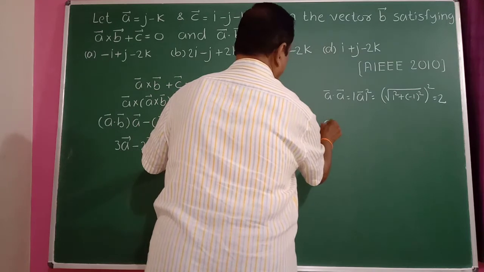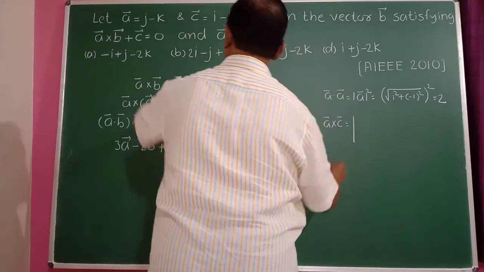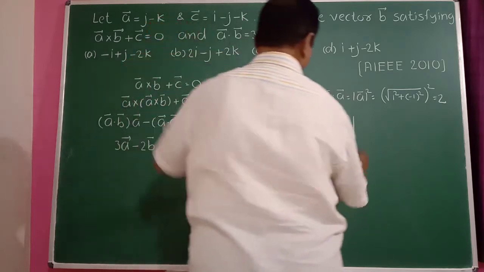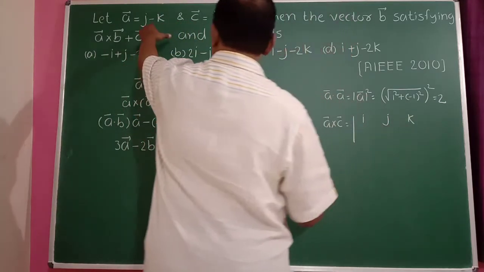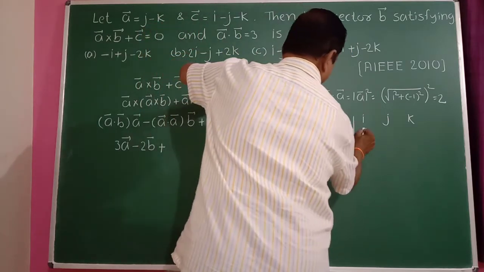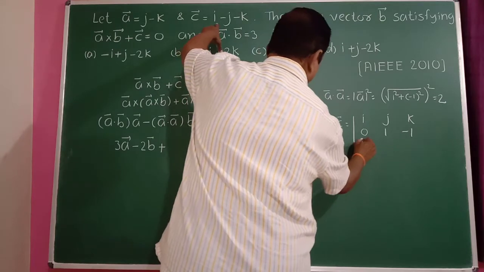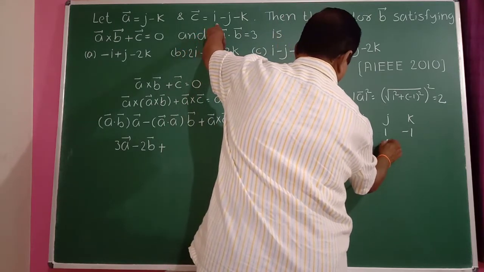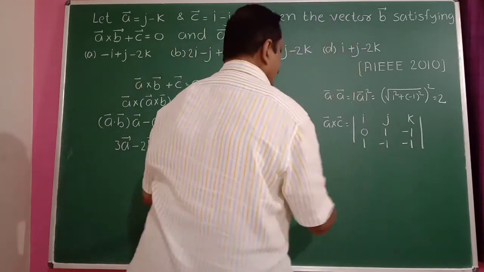So A bar cross C bar, A bar and C bar they already given here. So I J K, then 0 1 minus 1, 1 minus 1 minus 1 here. Okay, then expand it here.